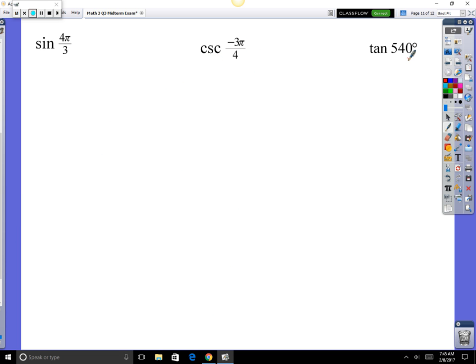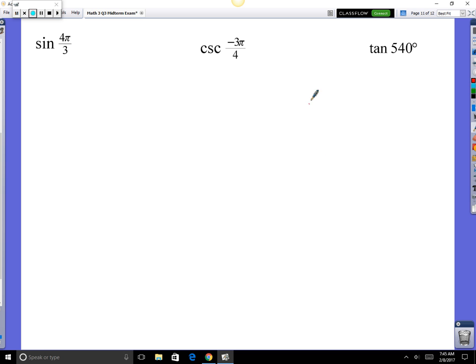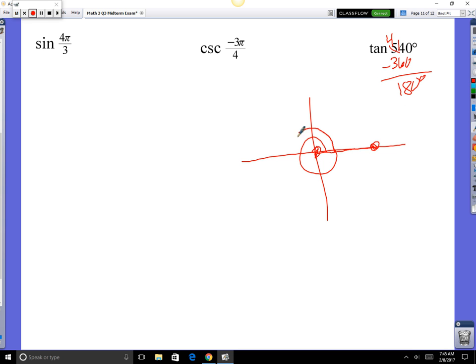Tangent of 540 degrees. Okay, 540 is more than one spin, so let's spin a 360. So if I take away a 360, it's going to leave me with the 180. Okay, now 180 lands right on a line.